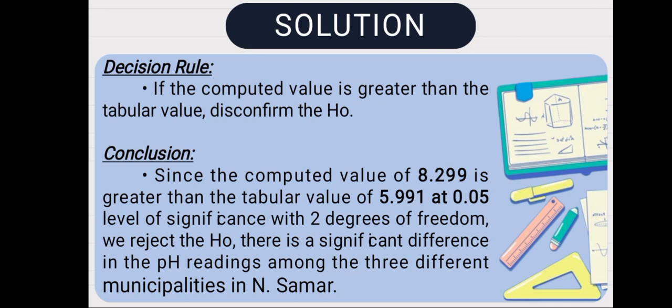Since the computed value of 8.299 is greater than the tabular value or the critical value, which is 5.991, at 0.05 level of significance with 2 degrees of freedom, we reject HO.